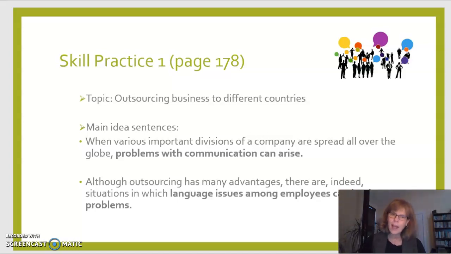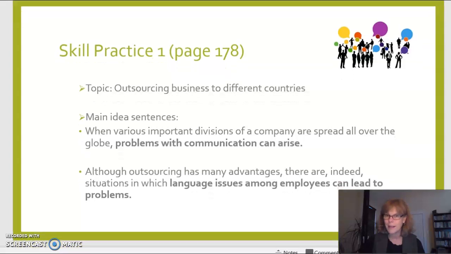And I underlined the main idea really coming here in that second sentence that starts with, when various important divisions of a company are spread all over the globe, problems with communication can rise. And I see that's the main idea of this paragraph, is looking at communication problems, right?